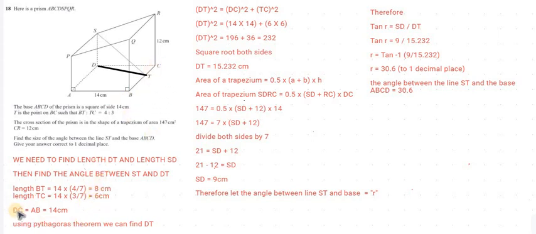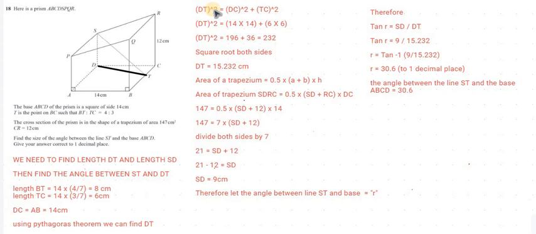So, and we also know that DC is the same as AB because that's a square base. So that's 14 centimeters. Now we can use Pythagoras because that's a right angle triangle. We can use Pythagoras to find DT, the length.